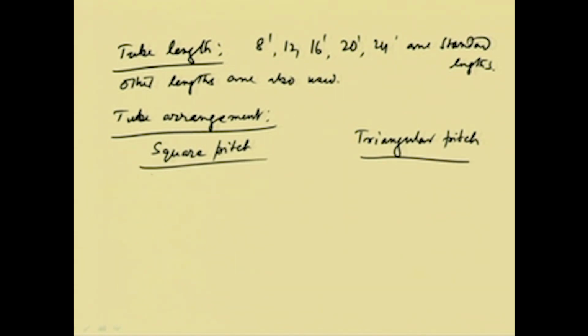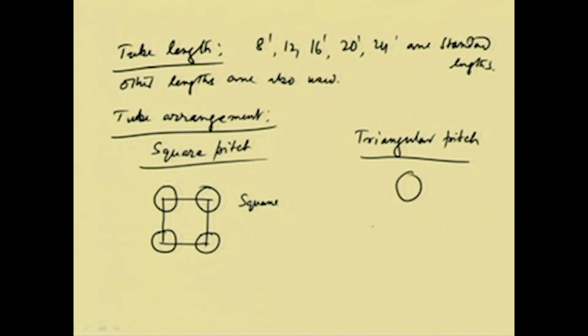In case of square pitch arrangement, it's like this. So, this is a square, and if the center to center distances are joined, this leads to a square. Okay. And the triangular pitch, if the center to center distances are joined, gives an equilateral triangle.